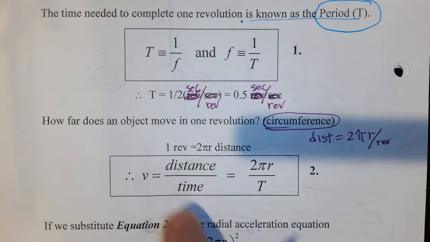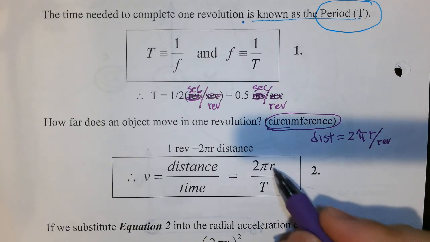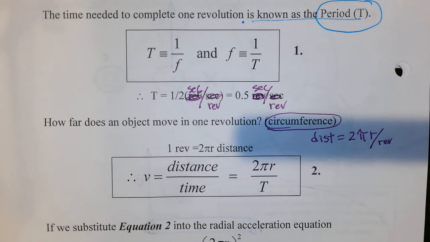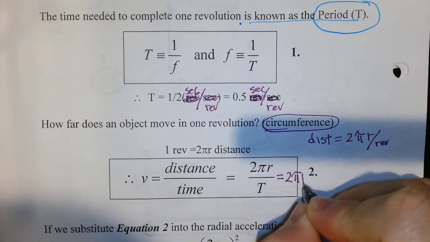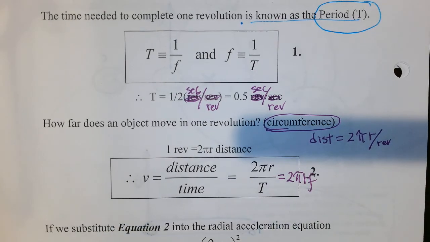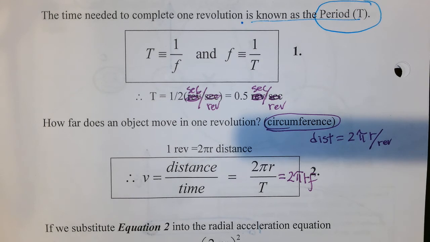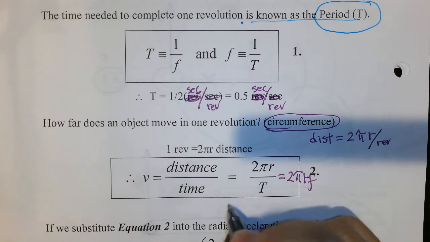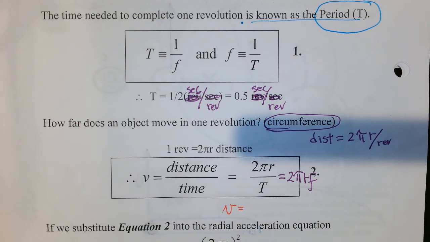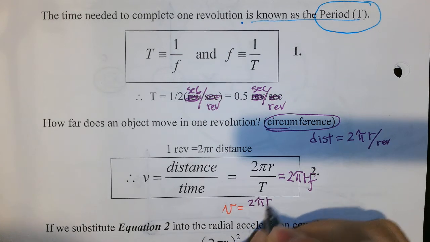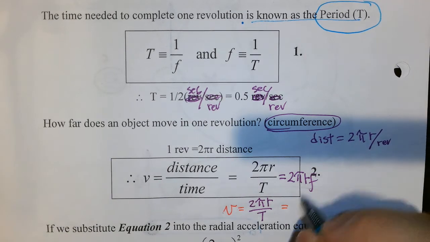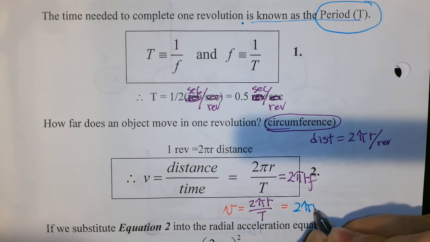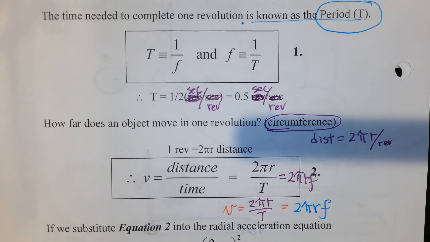So the distance divided by time is simply 2 pi r over the period, or it can be 2 pi r f. So there are two ways to figure it out. Velocity or speed can be found by 2 pi r over the period T, or it can also be calculated by 2 pi r f. They're all the same thing.